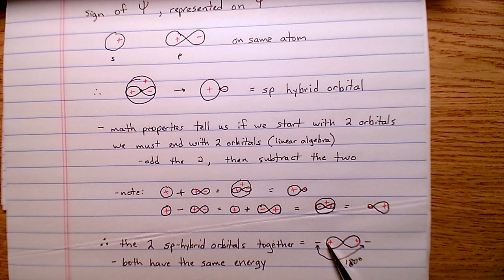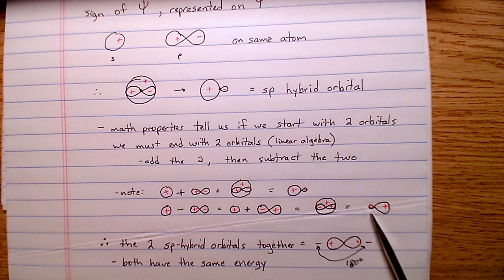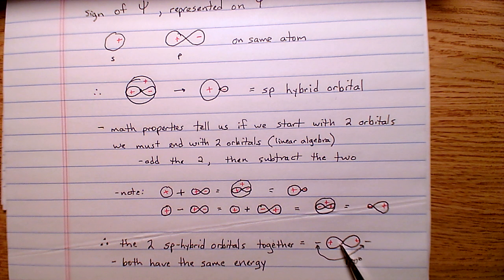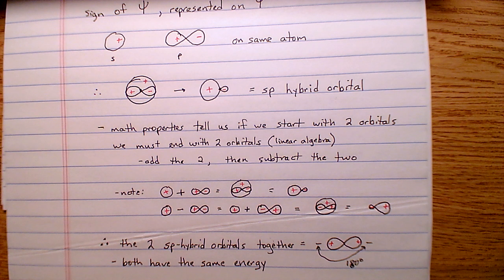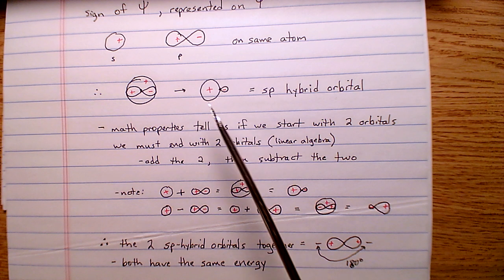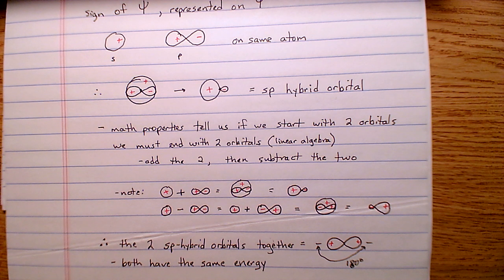Here is one sp orbital going this direction, the other sp orbital is going the other direction. Note, for clarity, I did not include the tiny little negative parts because they don't really matter. And note, they're going opposite directions. They are 180 degrees apart. But more importantly, both have the same energy. This sp hybrid and this sp hybrid have the exact same energy.